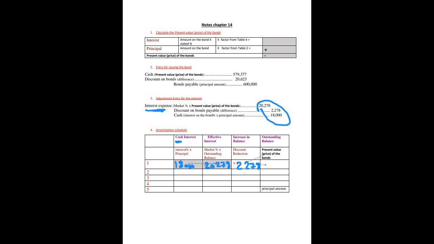This is the main thing here with the total amount or the principal amount of the bond itself. You will less or minus the whole discount from the issuing entry here. This is the total amount of the discount.